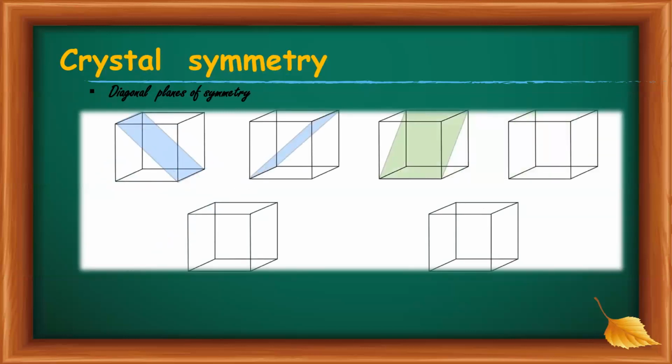Look at the planes. There are six such planes. So a cube has six diagonal planes of symmetry.